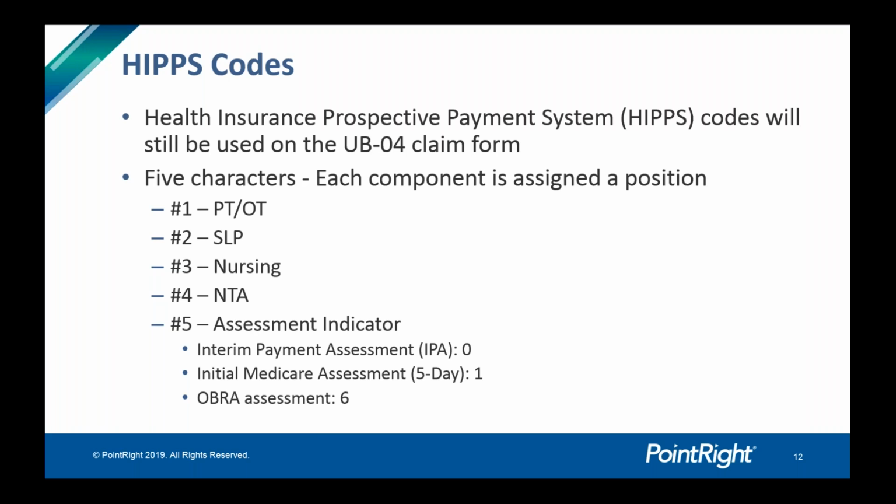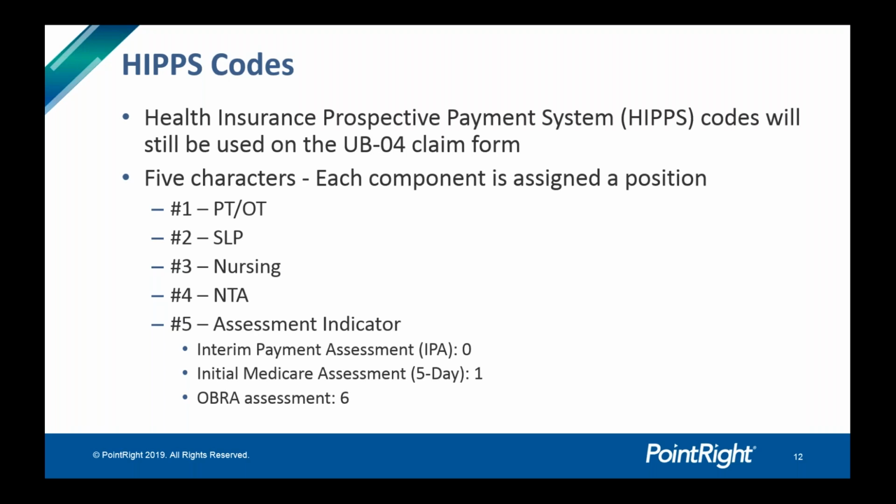So let's start with number 5, the assessment indicator code, because there's only 3 options. If the MDS is an interim payment assessment, IPA, then the code is 0. If the MDS is the 5-day, which CMS is now calling the initial Medicare assessment, I don't know if IMA is what we'll end up calling it, we'll see how that evolves in the vernacular, the code for the assessment indicator will be 1.